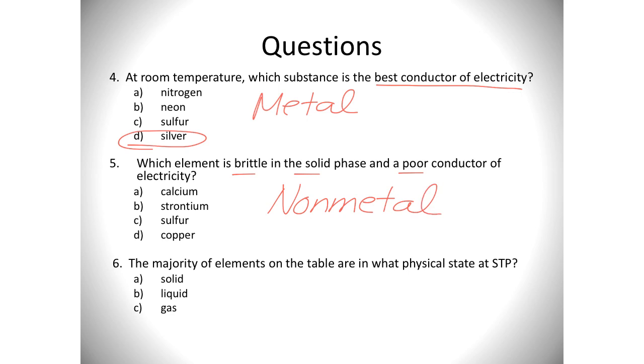And we have to pick something that is a nonmetal and exists as a solid. So not calcium, because that's a metal, not strontium, that is a metal, not copper, that is also a metal. So sulfur is a nonmetal and it is a solid. And last one, the majority of the elements on the periodic table are solids. We only have 2 liquids at STP and just a couple of gases.